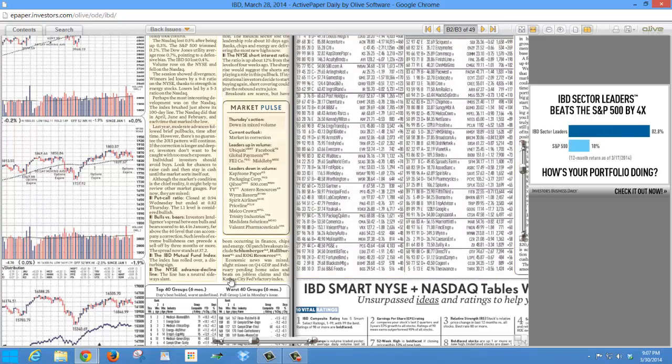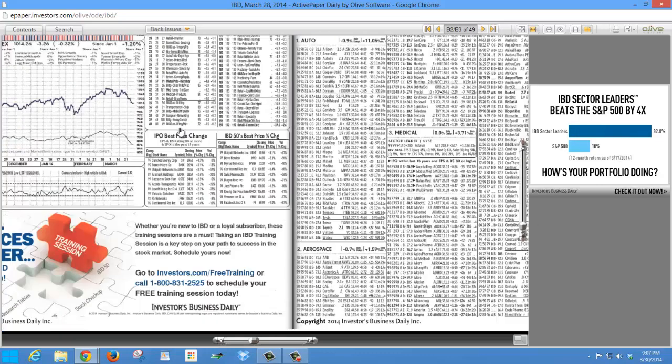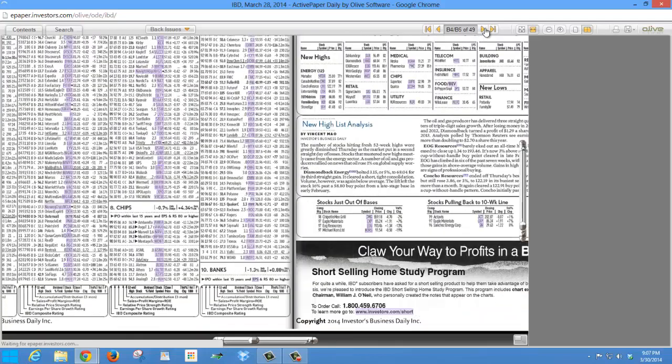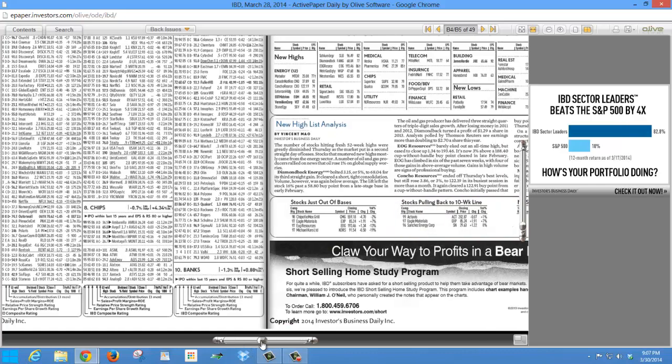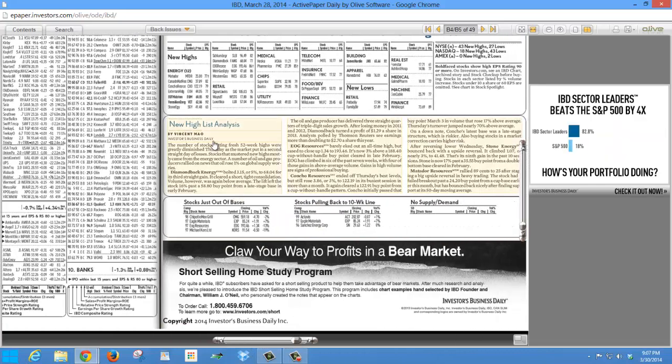So this gives me another area to look at for strength for the week, so I can find some stocks setting up in those sectors. And then if we go ahead and scroll on down here to new high analysis, we can see on Friday which sector was leading there, and energy was also leading.